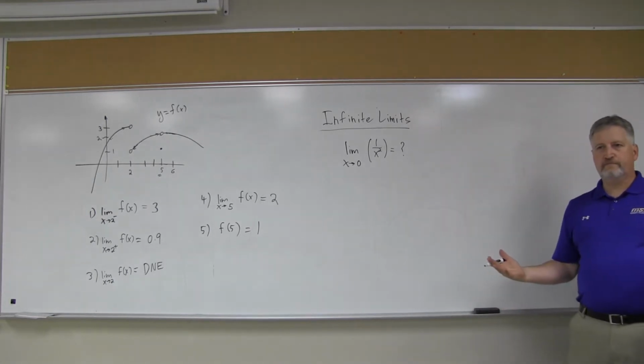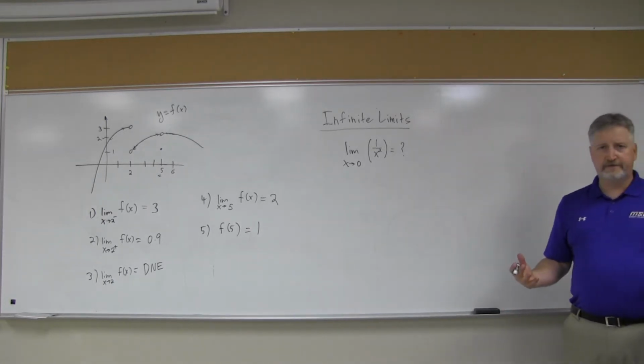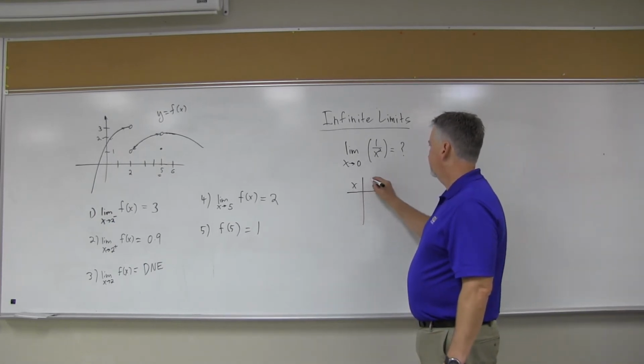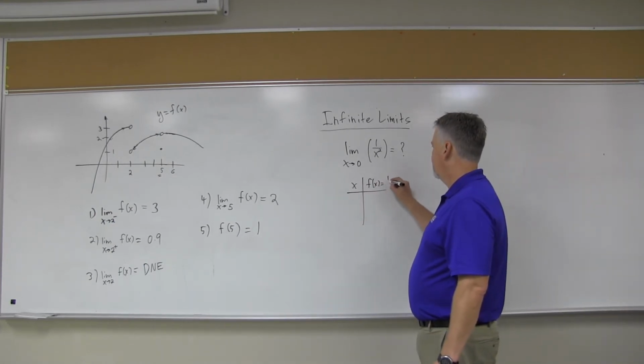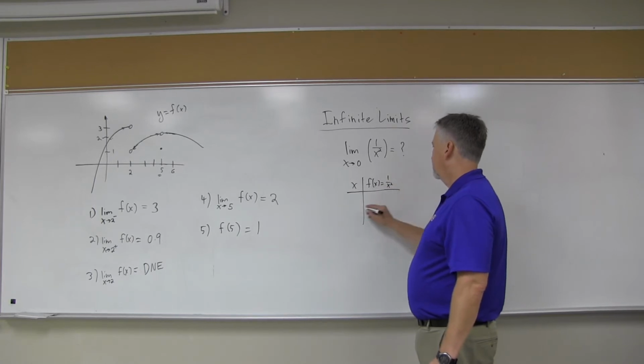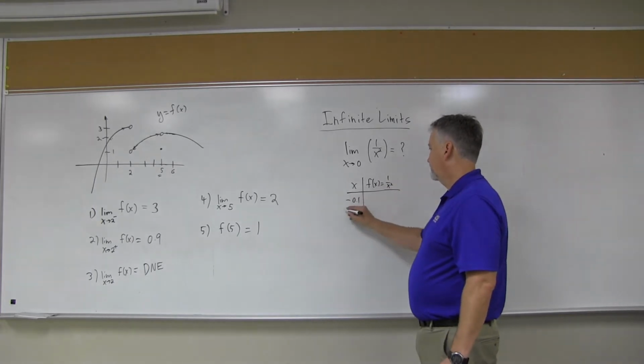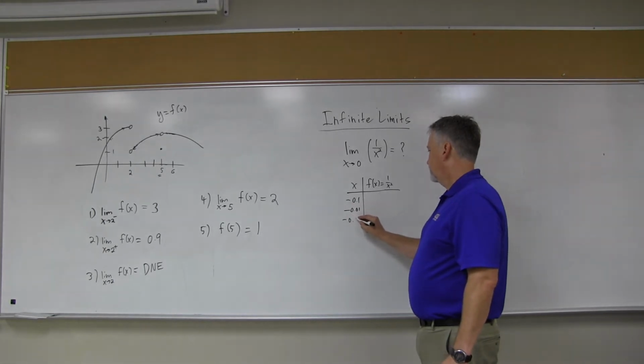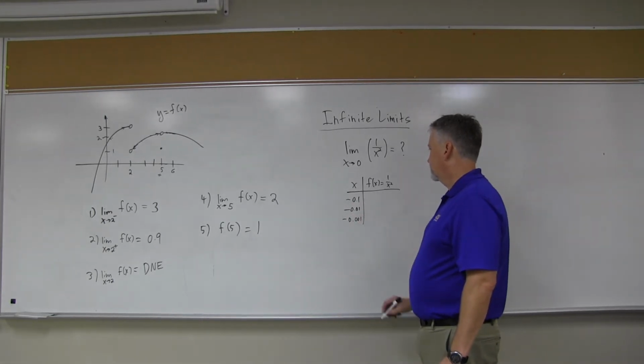well, we could play the same game, going back to tables here again. Let's look at what happens to my function values as x approaches 0 from the left and from the right, as we call it. So from the left, the negatives: negative 0.1, negative 0.01, negative 0.001.